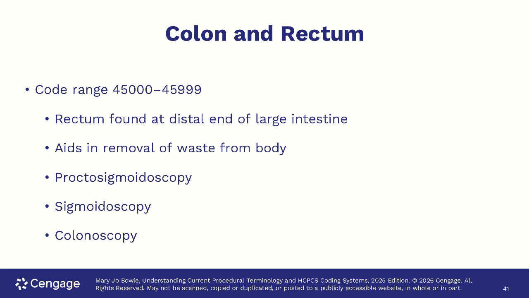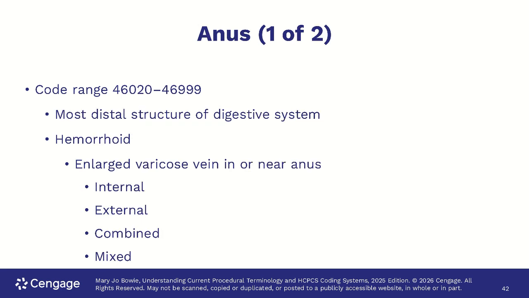And the definitions of these procedures are basically going to vary based upon how far into the colon they are going. Okay, so you got to read the report to know what type of scope was used and what they did.